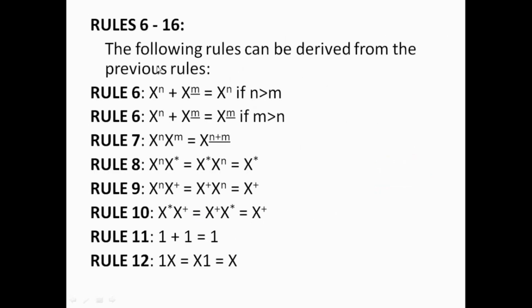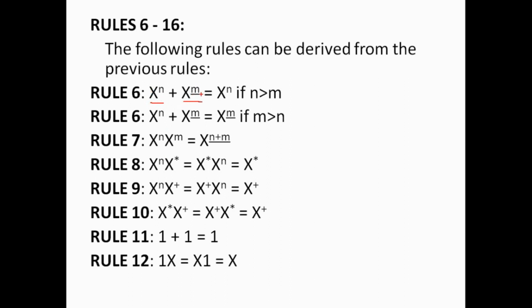Next, rule number 6. If you are considering a finite number of paths, x to the power of n and x to the power of m with a bar, which is a set of paths.